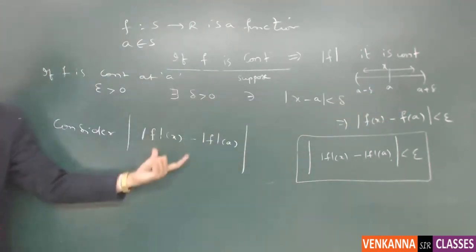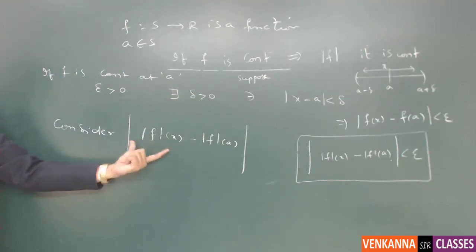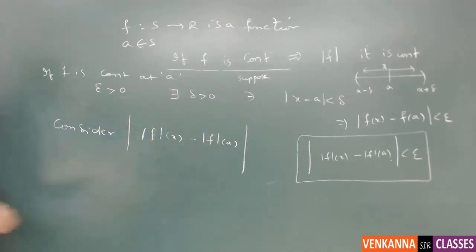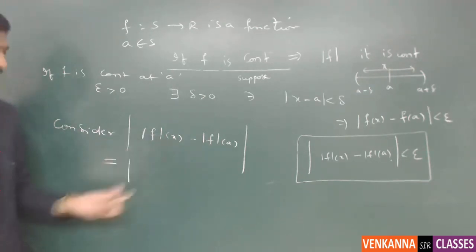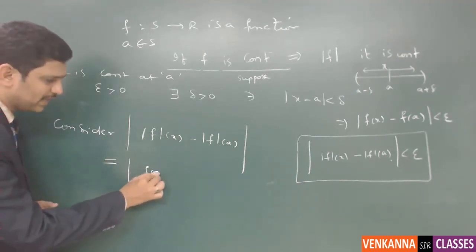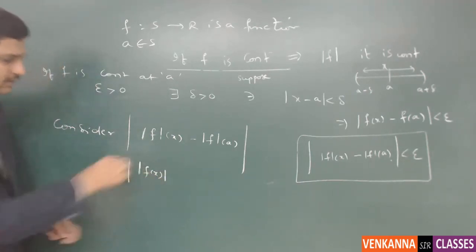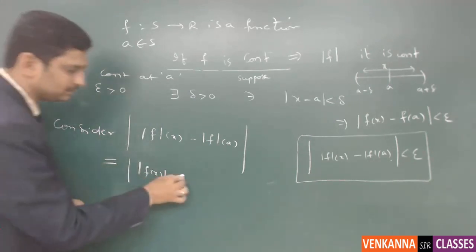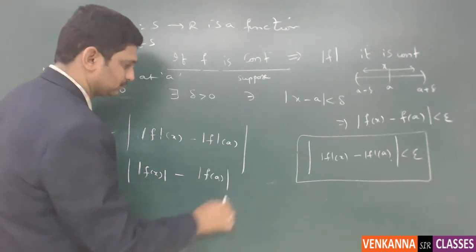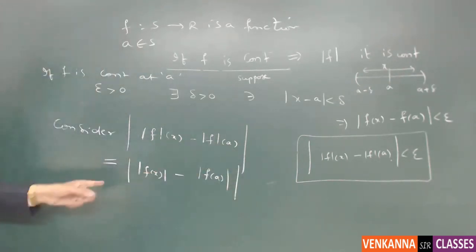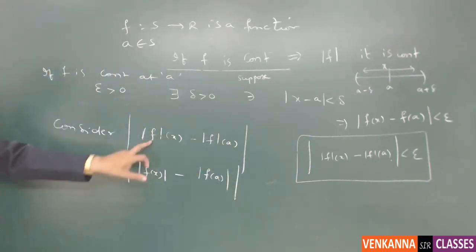By assuming that I am taking this value, I need to prove that this is less than epsilon. This is equal to modulus. How is the modulus of a function defined? It is defined as, for the image, you are taking the positive value. So this is mod f of x. This is mod f of a. Are you getting the idea? The difference between these two?